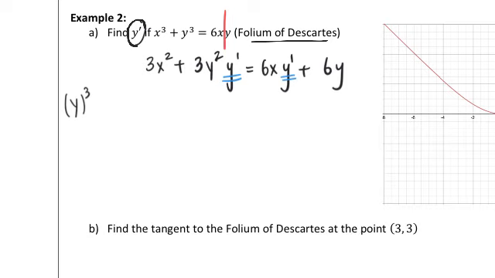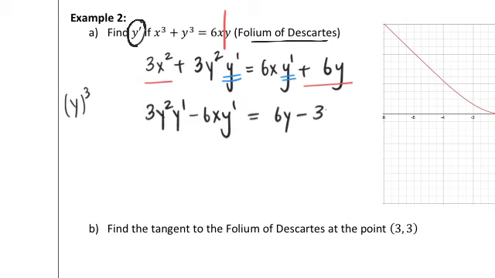Now, anything that has y prime or dy/dx needs to come to the left side. Anything that doesn't have y prime needs to stay on the right side. So these terms, the 6y and the 3x squared, those need to be on the right side. And the other terms, collect them on the left side. So I'll get 3y squared y prime minus 6x y prime is equal to 6y minus 3x squared.